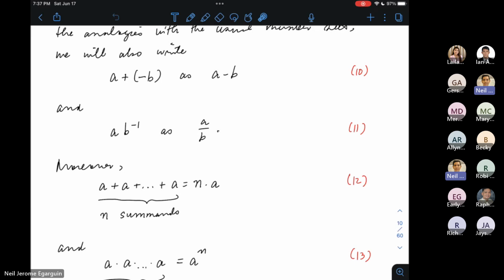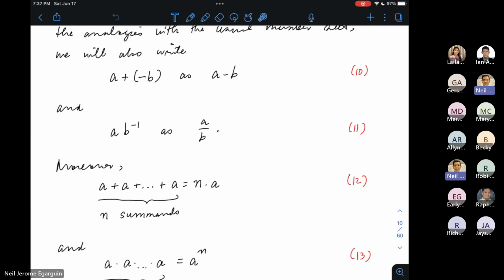Okay. So to take advantage of the usual notations that we know or that we are using, introduce pa tayong ibang mga notations. Dalawa lang yung operations dito, di ba? So kung nasa field ka, addition at multiplication lang yung properties. Now, to take advantage ng mga notations na meron na tayo, yung A plus the additive inverse of B, pwede nating isulat as A minus B. Because you might be thinking, sir, bakit tayo may A minus B?